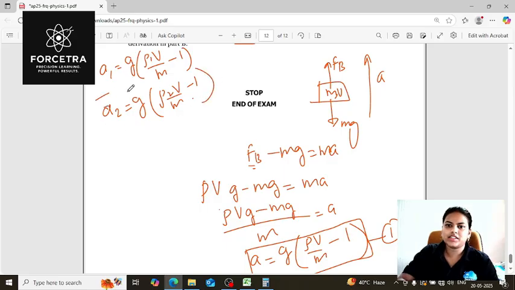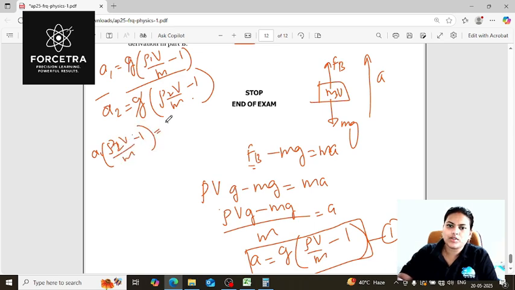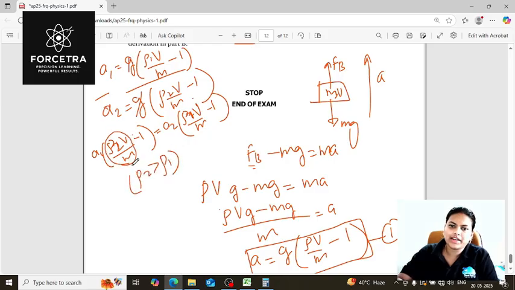Now just divide these two equations. I can write A1 over A2 as rho 1 V upon m minus 1 over rho 2 V over m minus 1. As you can see, rho 2 is greater than rho 1. So this factor would be greater and this factor would be lesser.